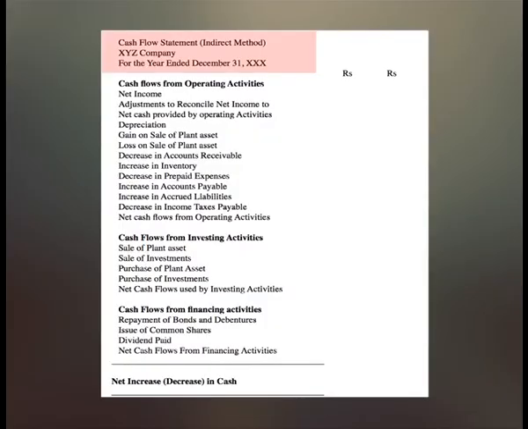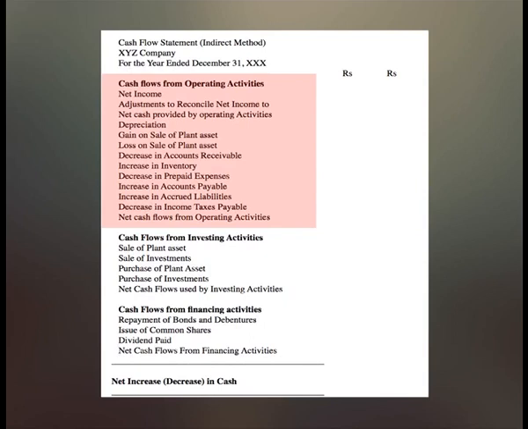For a company XYZ Limited for the year ending 31st December, we can see here in the format, first item given to us is cash flows from operating activities, under which we have net income and adjustments to reconcile net income to net cash provided by operating activities.